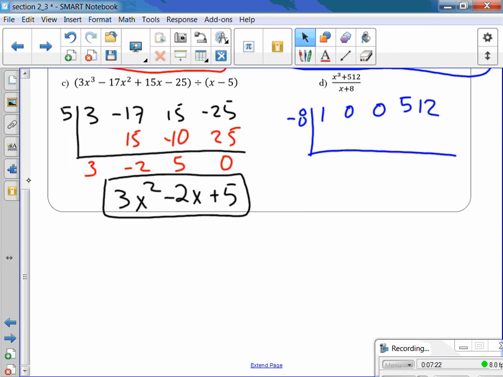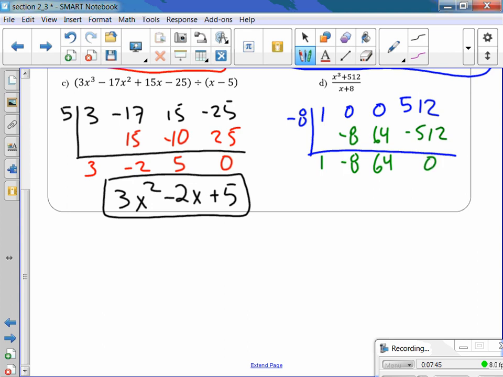Dropping down that first coefficient, and then doing our multiplying and adding, giving us a negative 8. 0 minus 8. Negative 8 times negative 8 gives us 64. Dropping that on down, and then 64 times negative 8 gives us a negative 512, remainder of 0.